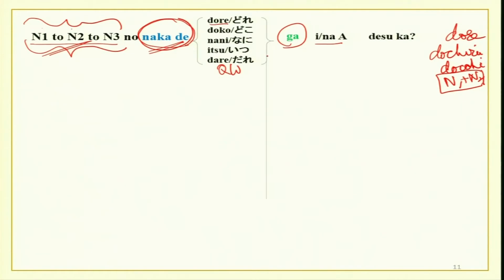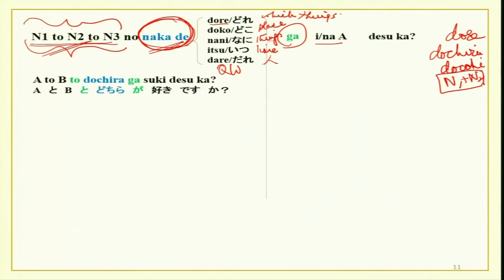So, dare is used for people, itsu for time, nani for things, doko for place, where, and dore is which one for things. Now, I will do it in detail also, we can practice over here. So, with dochira, naka will not be used, naka de. If you have three nouns, then naka will be used, and the question word.